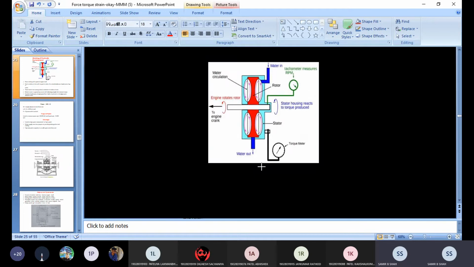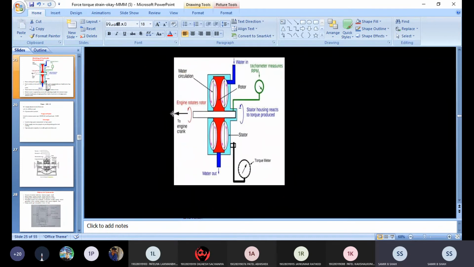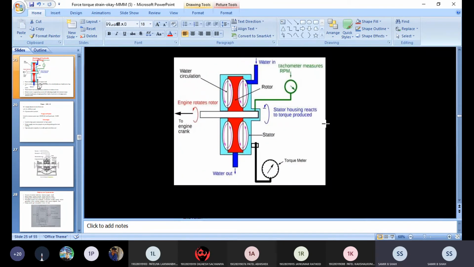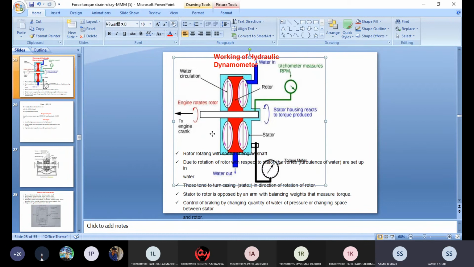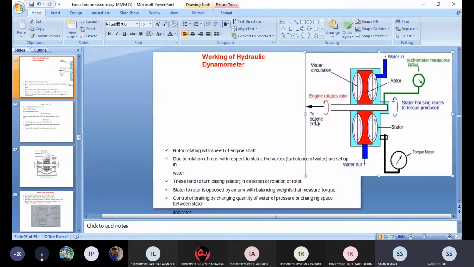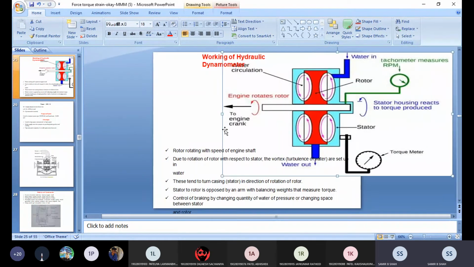I just zoom the figure so you understand the construction very clearly. The torque is measured with the help of this reaction arm. Okay, with the help of the reaction arm, we measure the torque.